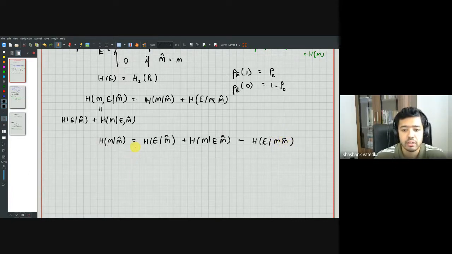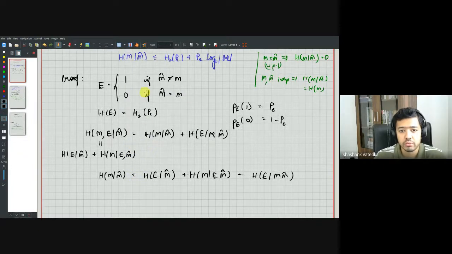Okay. Now let's look at this. We want to derive this particular expression, and we somehow want to show that this is upper bounded by this, and we want to somehow get rid of this. So let's start with the rightmost quantity.